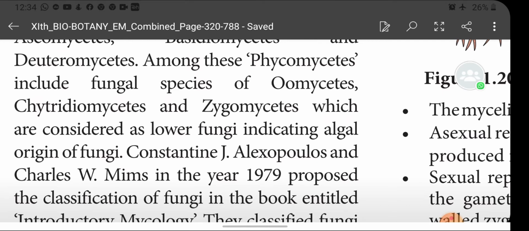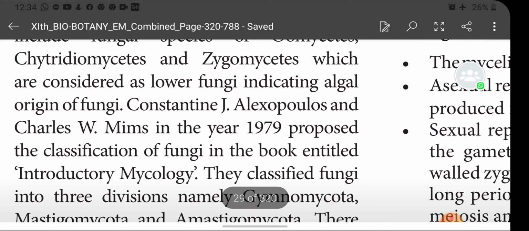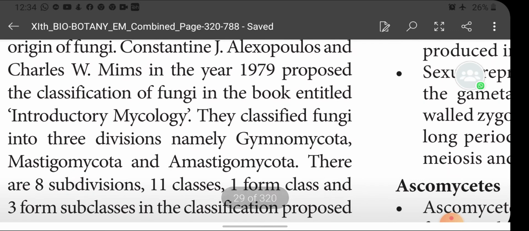Constantine J. Alexopoulos and Charles W. Mims in the year 1979 proposed the classification of fungi in the book entitled Introductory Mycology. They classified fungi into three divisions, namely Gymnomycota, Mastigomycota and Amastigomycota.